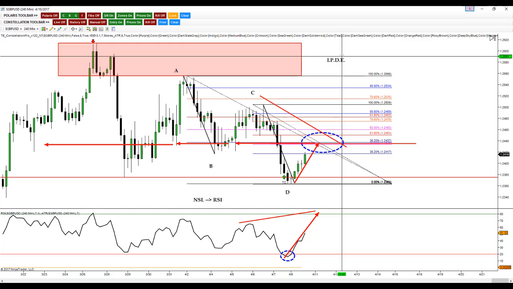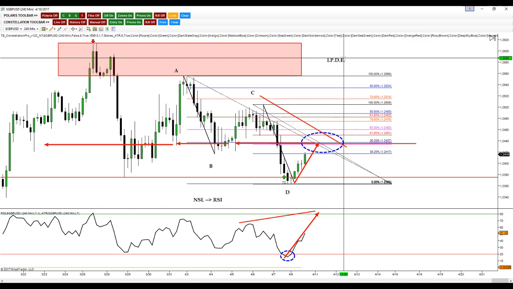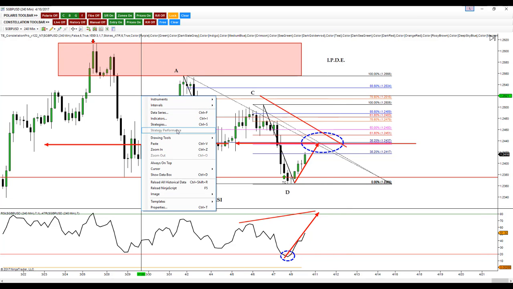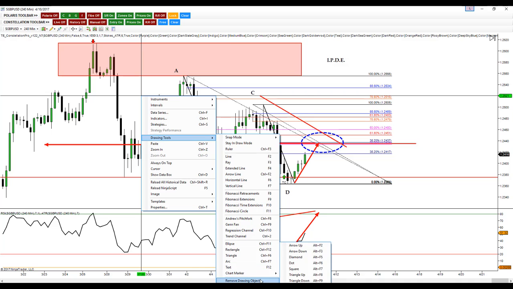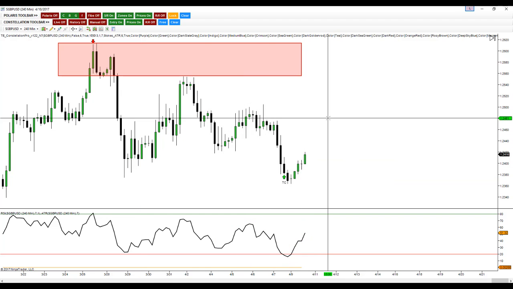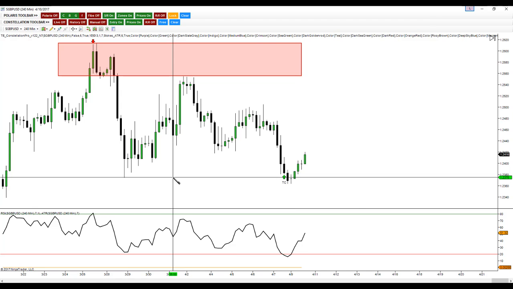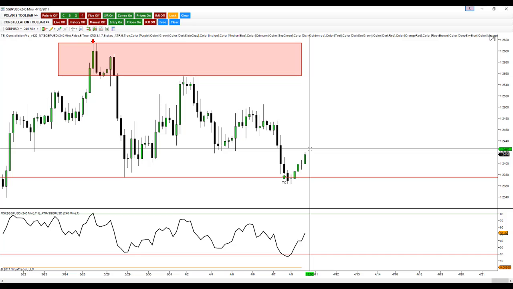Your identification is, what has the market done? What is the market doing? So if I'm looking at this right here, if we start over from scratch, and I'm going through my IPDE process, identify, what has the market done? So my identification would be, hey, lower low, lower close. We have put in a new structure low, and now we're starting to pull back.